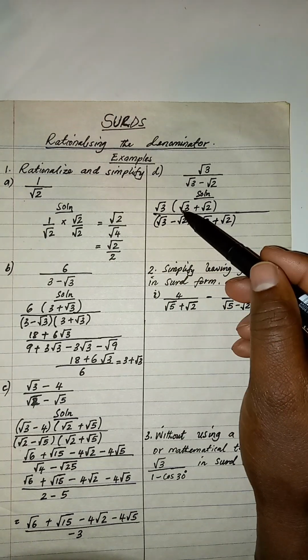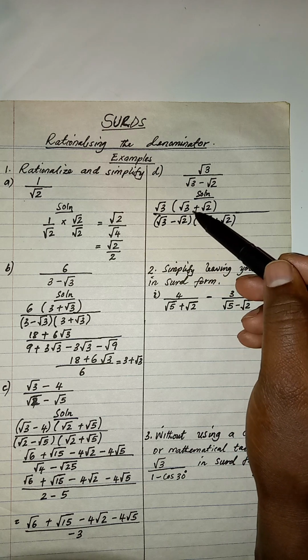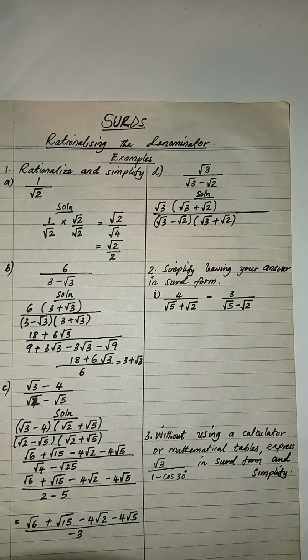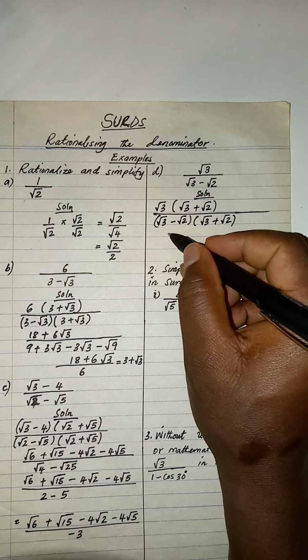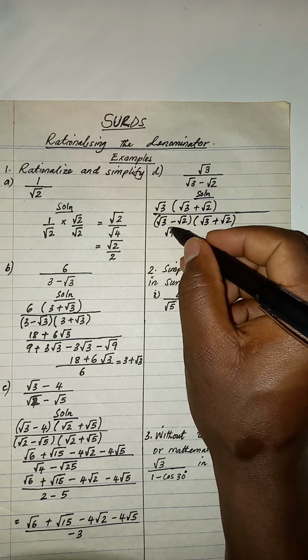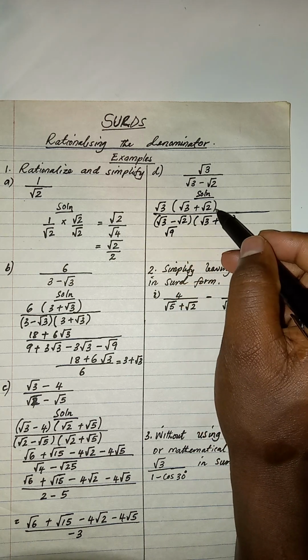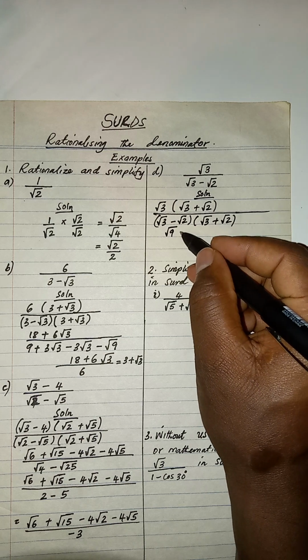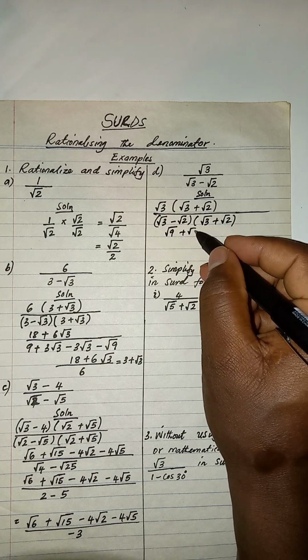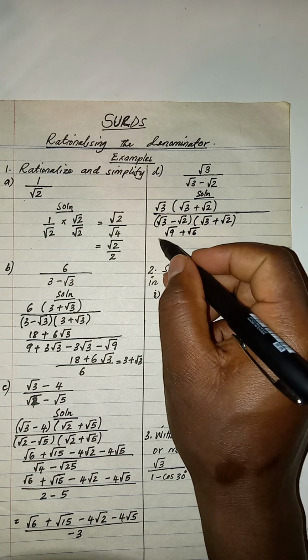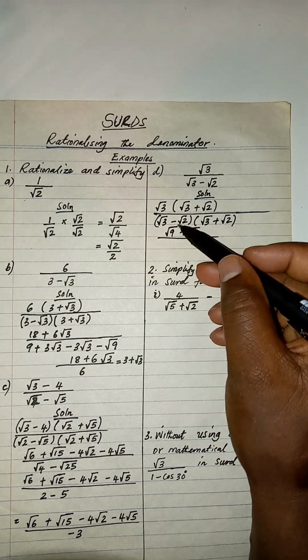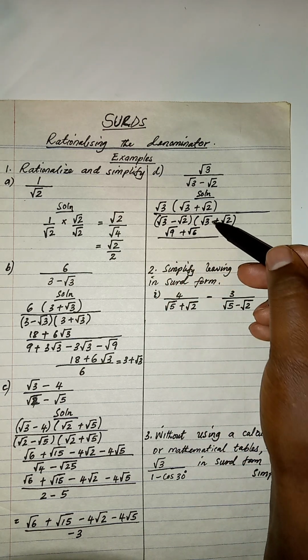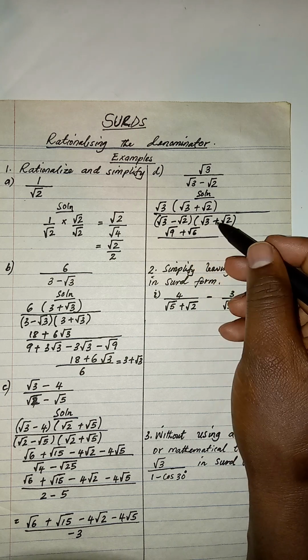We open the brackets: root 3 times root 3, so 3 times 3 will be the square root of 9. Root 3 times root 2 will be plus the square root of 6, all over. This is 3 times 3, that is root 9.